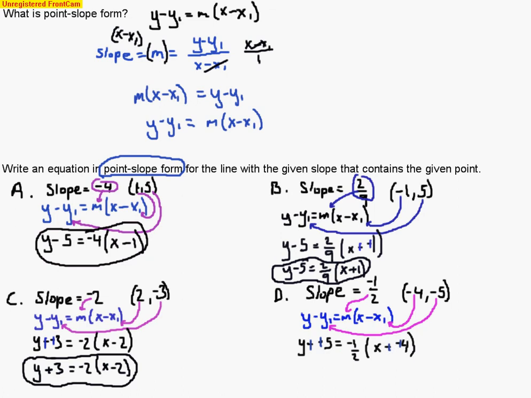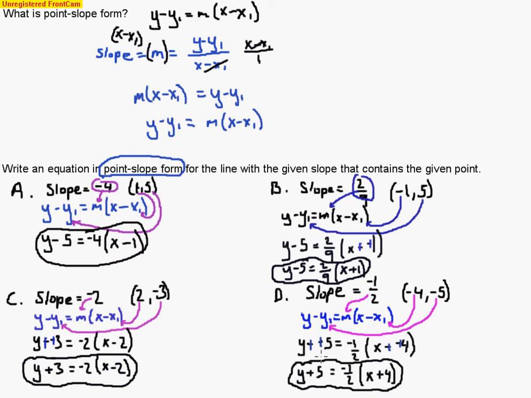And so from there, we can just rewrite our point-slope form a little bit simplified, less pen strokes. Minus negatives is the same thing as plus positives. So y minus negative 5, same as y plus 5. And that equals negative 1/2 times the sum now of x plus 4. And there's our answer.